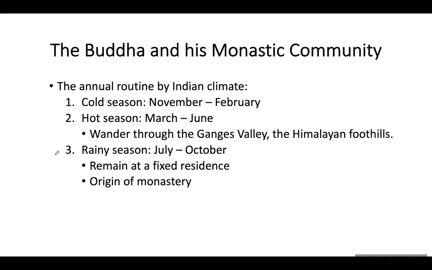The last season is the rainy season, from July through October. During the rainy season, the Buddha and his monastic community remained at a fixed residence because it was impossible to travel due to heavy rains and swollen rivers.